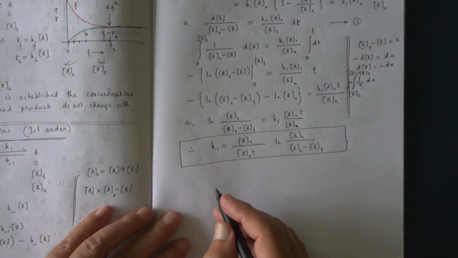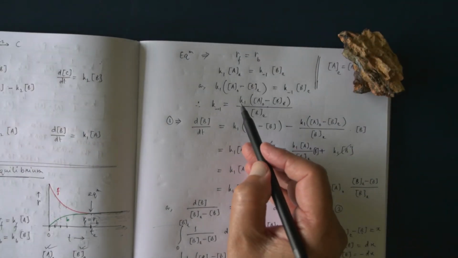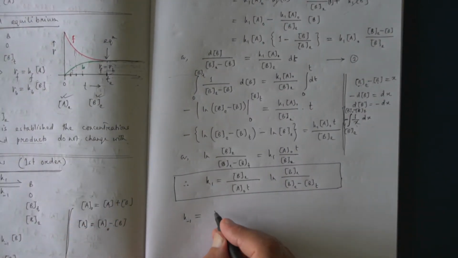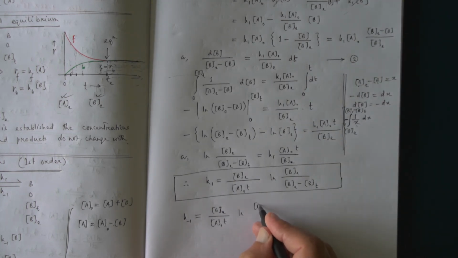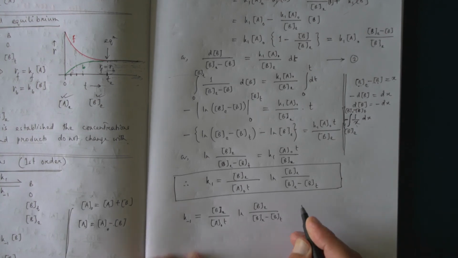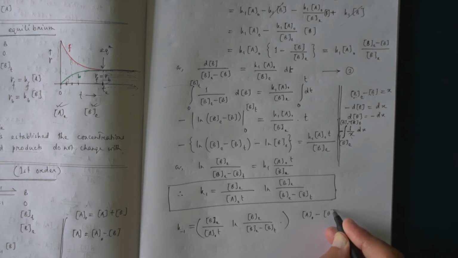So the rate constant of the backward direction will be equal to k1, k1 means this: be by (a naught t) ln be by (be minus bt), into (a naught minus be) by be.